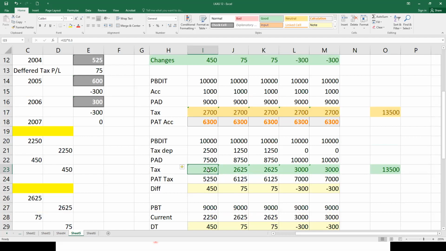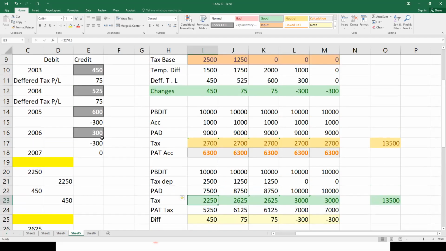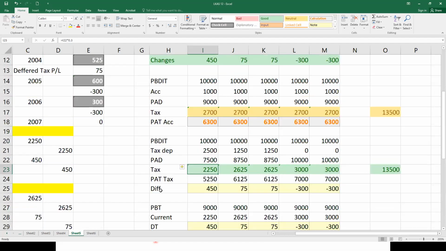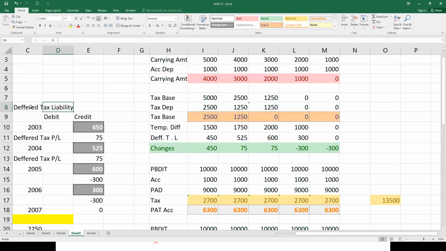So we paid less. It means in the future we have to pay additional tax. It's a liability, so we have to make some provision for that. That's why we created the deferred tax liability account.